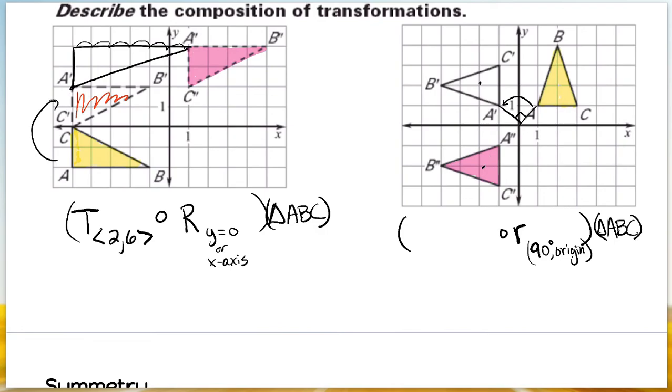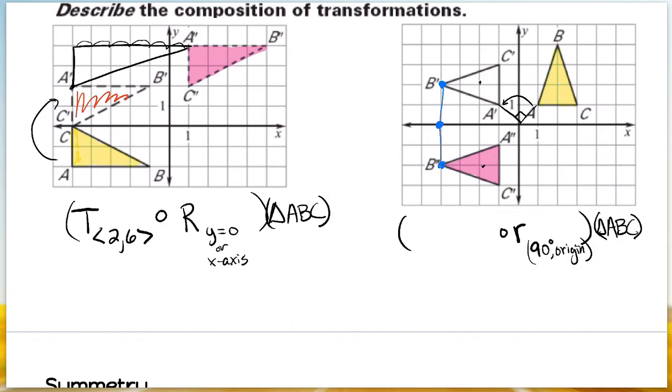In order to find the line of reflection, you want to look at the one you had and the one you're going to, find a line that connects them and find the midpoint of that line. The midpoint of that line will be on the line of reflection. You could do that with each of your points, and we can find a couple of points, and we can see that those are on the x-axis. So that's one way to find your line of reflection if you're struggling to find that.